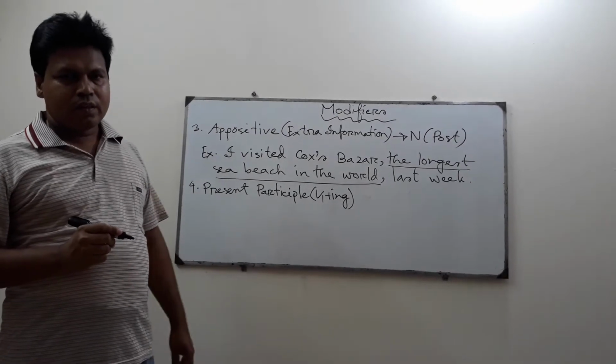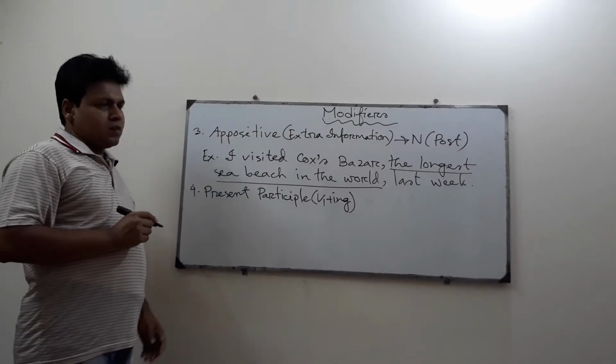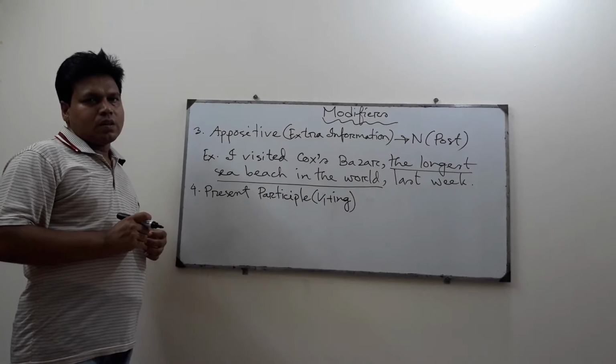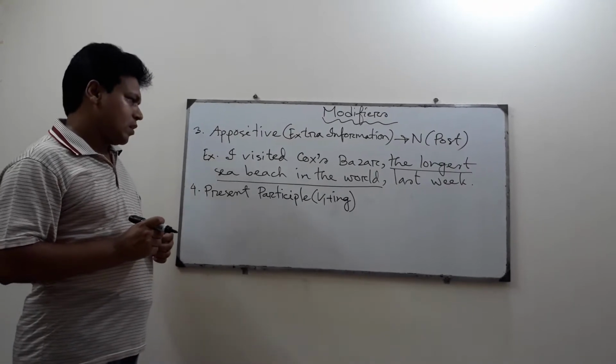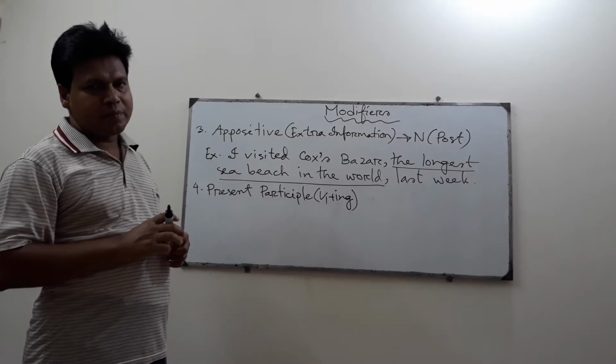We know that a participle is called a double parts of speech because it acts both as a verb and an adjective at the same time.